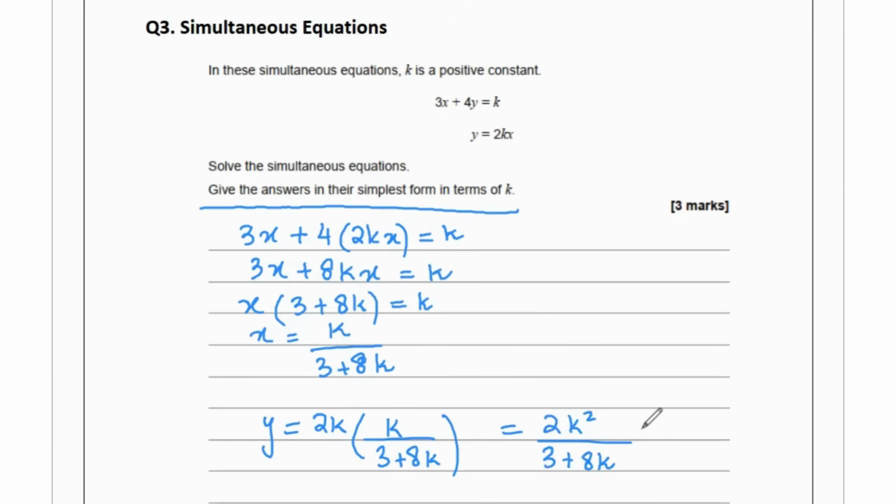So that is the solution to this set of simultaneous equations: x is k over 3 plus 8k and y is 2k squared over 3 plus 8k. Once again, if you want to go through the 3-equation simultaneous equation, please check out the video that I made for paper 1 prediction, which is in the description below.